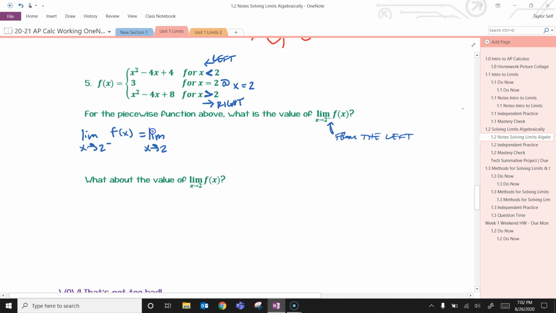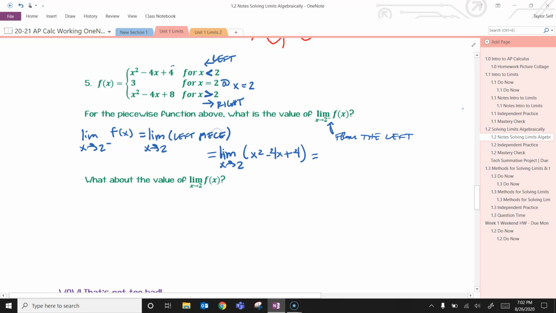Okay, so that means we have the limit as x approaches 2 of the left piece, x squared minus 4x plus 4.